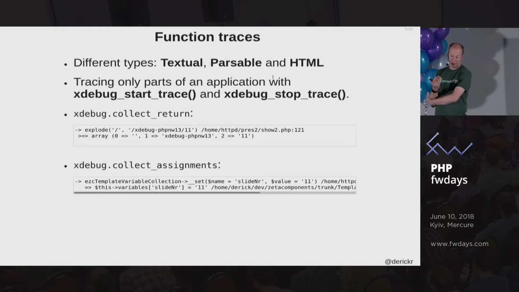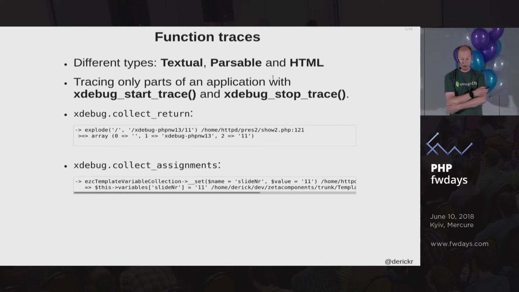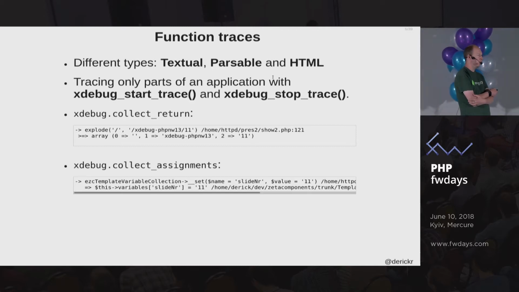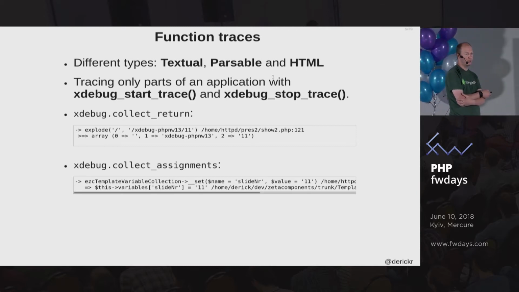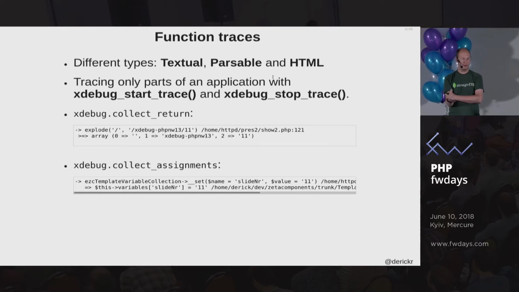From these trace files you get all the function calls, but if you use the other format, the parsable format, it will also tell you how much time specific functions took. For both the entry point and the exit point of functions and methods, it shows you the time index. By calculating all of these together and dividing them, you see how much time a specific function takes up during the execution of your script.